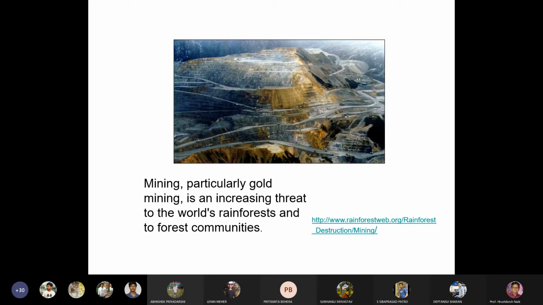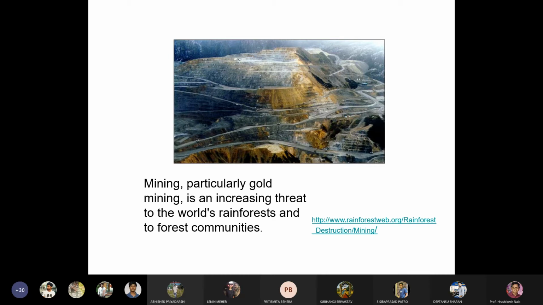It can pollute the water body. Whenever rainwater comes in contact with cyanide, the flowing river water becomes dangerous, very carcinogenic in nature.